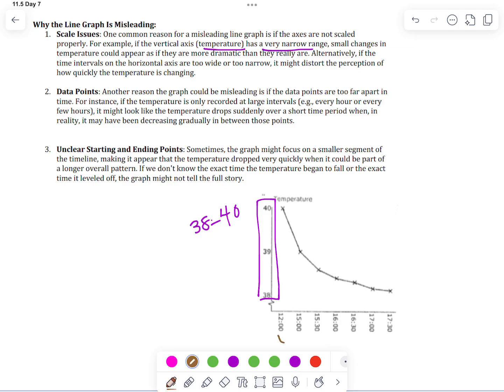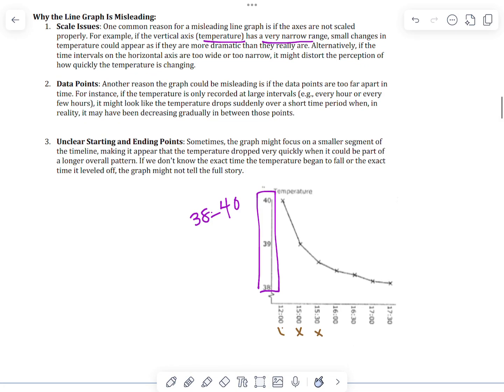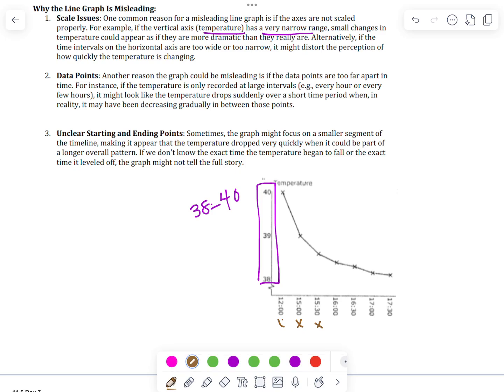So here's noon, and then this is 3 o'clock, and then all of a sudden it goes to 3:30. They're not equally scaled here. So again, we have noon, and then 3 p.m., and then all of a sudden it just goes to half an hour more. So these are not equal. So we don't want to have these equal timed.